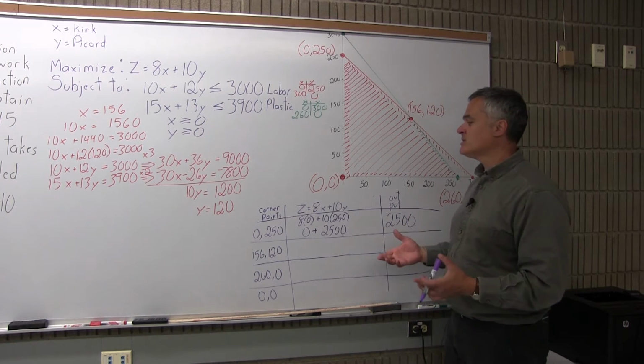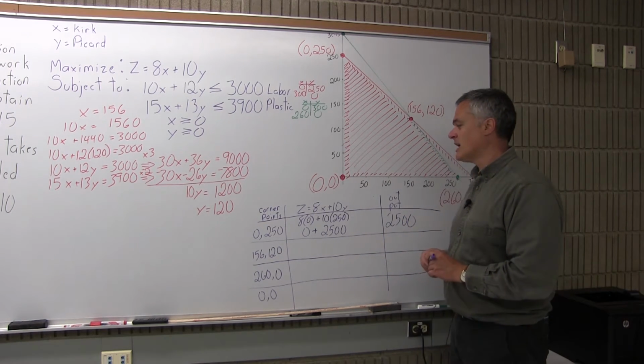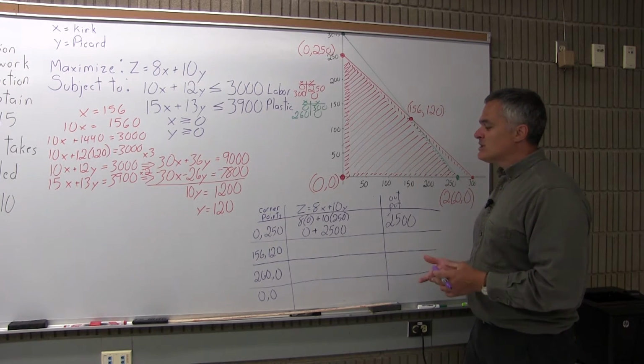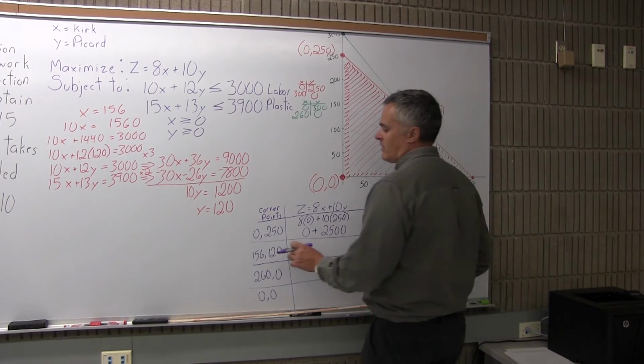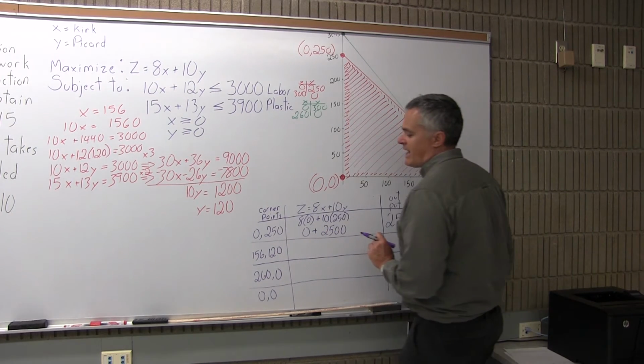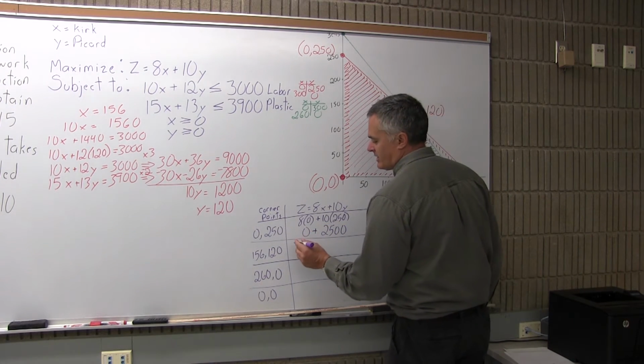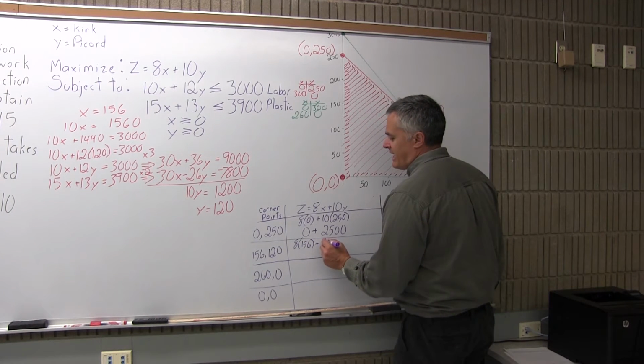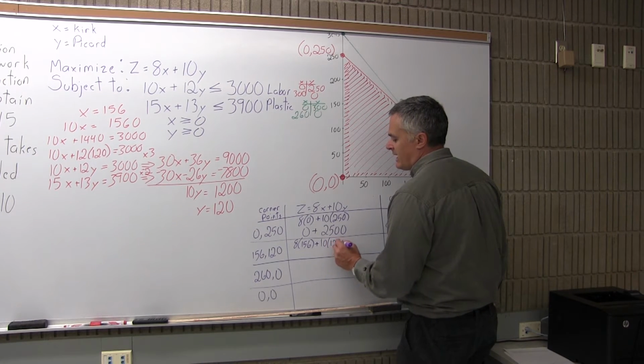Basically use up all your resources making as many Captain Picards as you can, because they sell for a little more. The next corner point that we're going to test the output for, 156 for x and 120 for y. So 8x becomes 8 times 156, and 10y is 10 times 120.